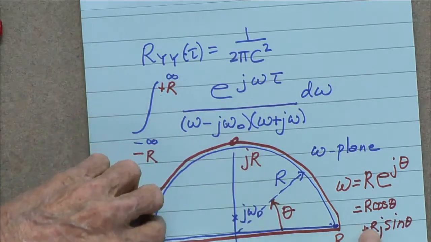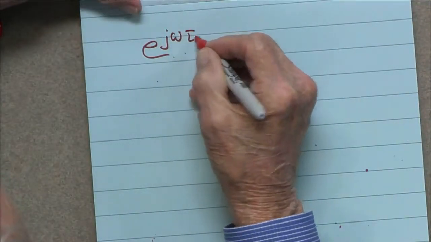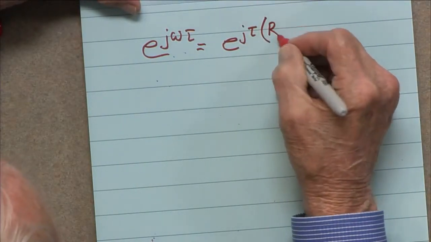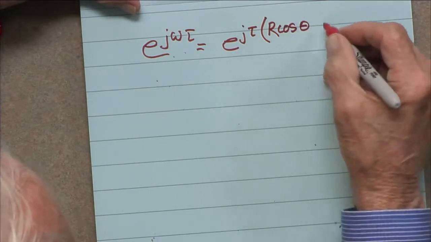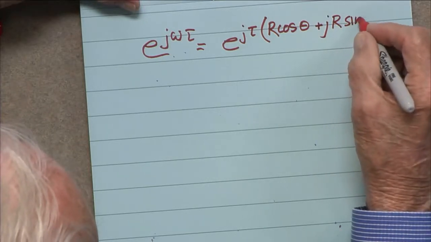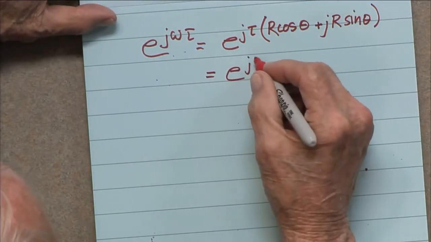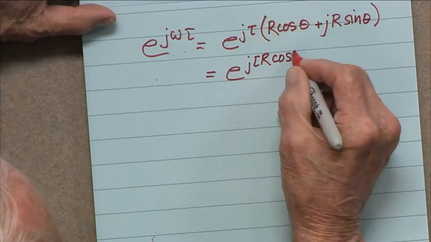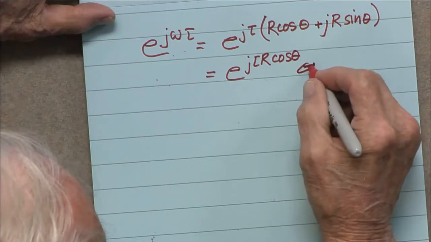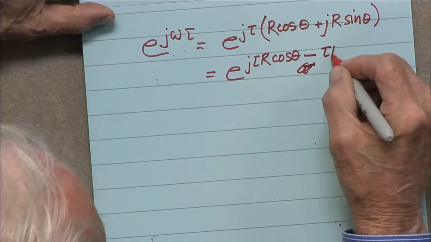So now I'm going to put these two in the exponent. e to the j omega tau is j tau r cosine theta plus j r times sine of theta. And so we have e to the j tau r cosine of theta minus tau r sine theta.